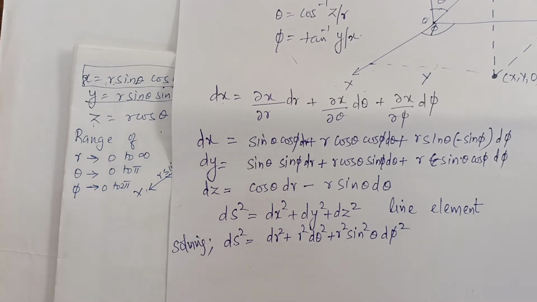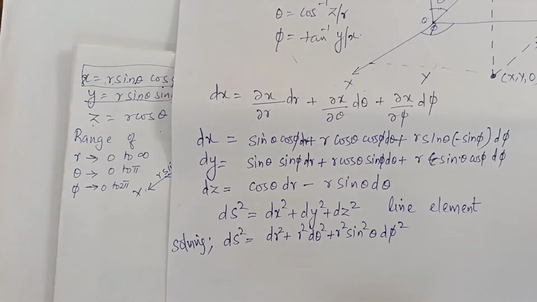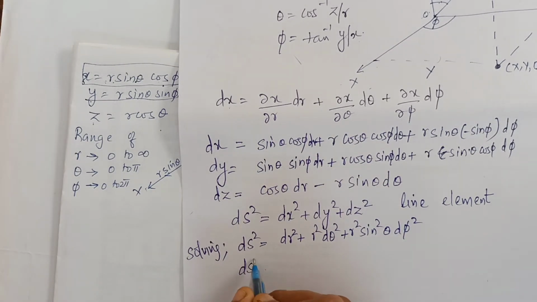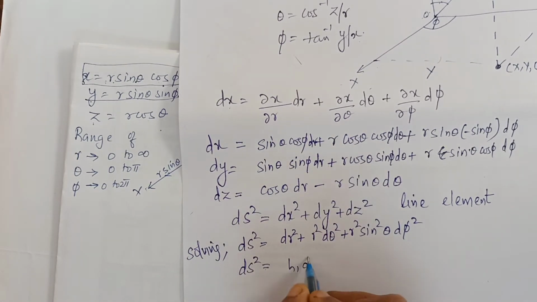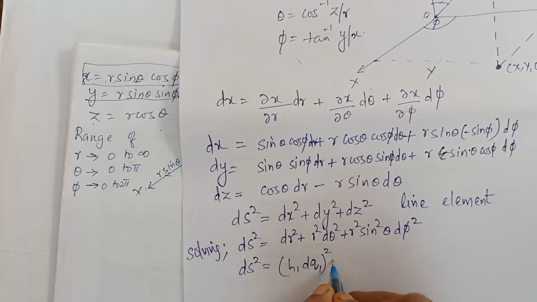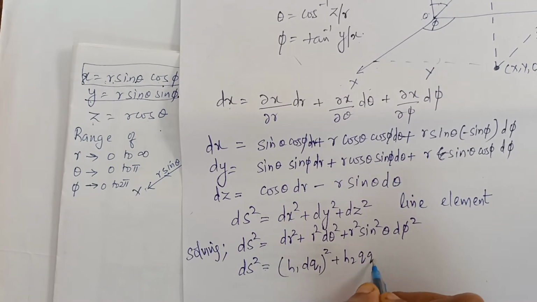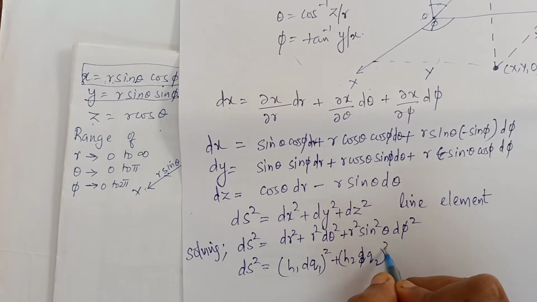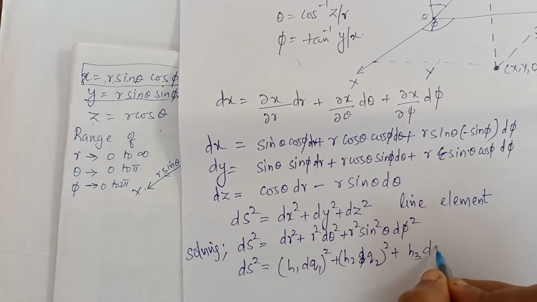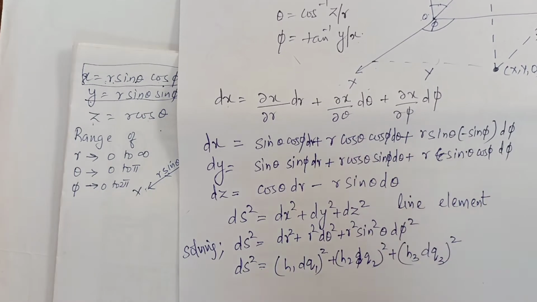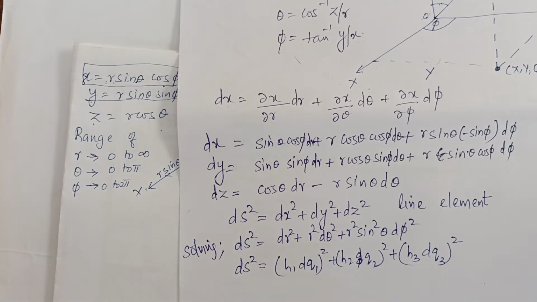Now, when we studied the introduction to orthogonal curvilinear coordinates, we had the general equation ds square is equal to h1 dq1 the whole square plus h2 dq2 the whole square plus h3 dq3 the whole square. This is how we expressed specific coordinate systems with the scale factors h1, h2 and h3.